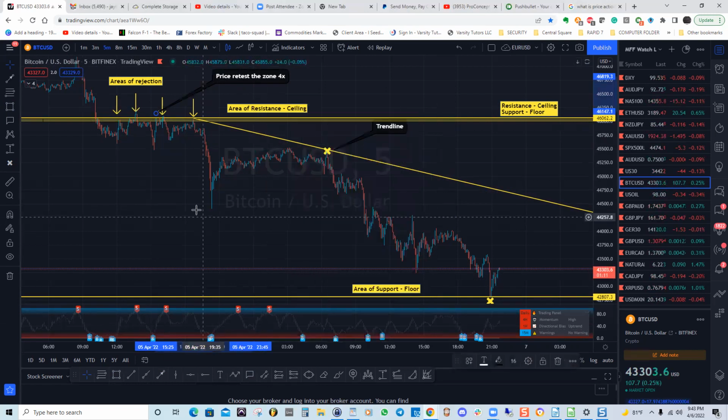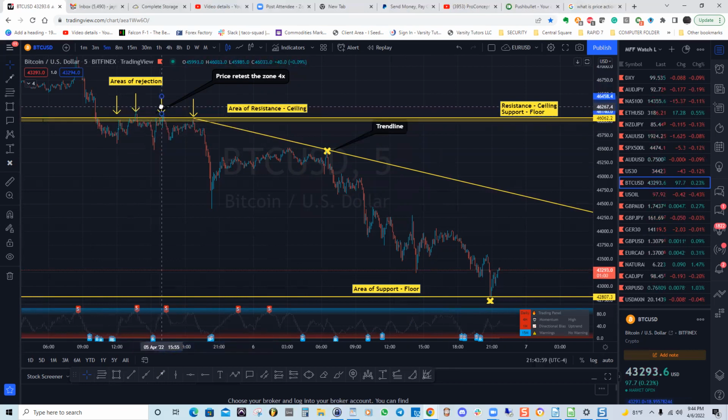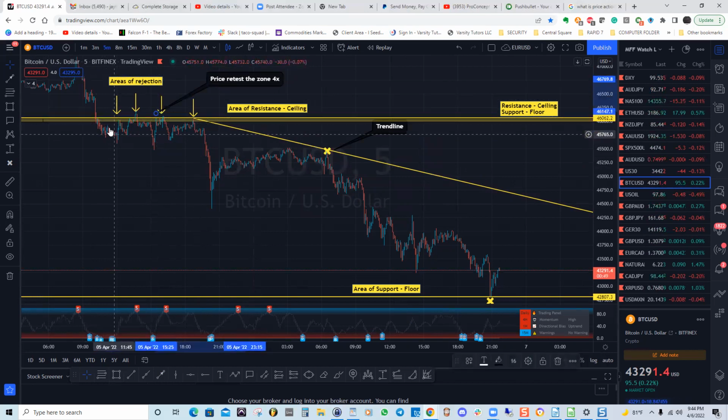So when it broke through here, it retested it 1, 2, 3, a little bit 3 in this area, 4, and then it broke away. So after the 4th retest of this zone, it broke away. We want to keep that in mind. This is price action. Price action is looking at this zone and testing this zone. And look how many times it tested the zone here.